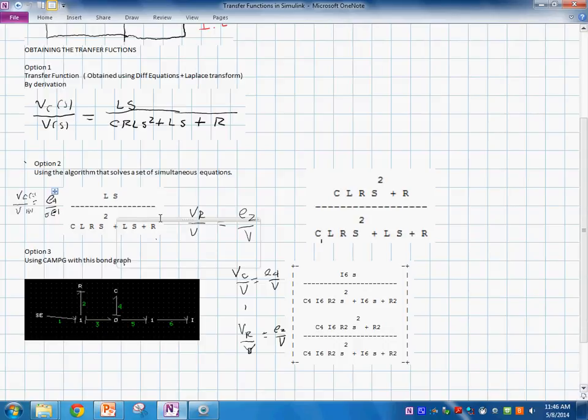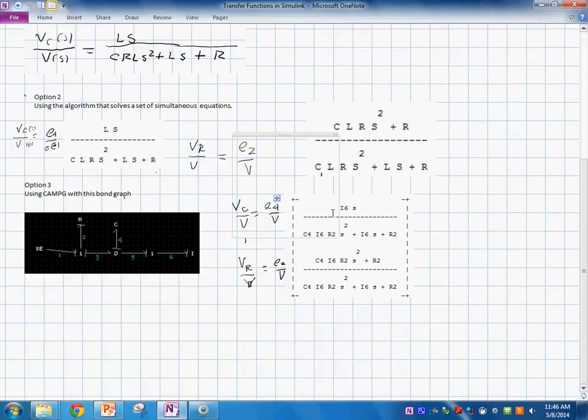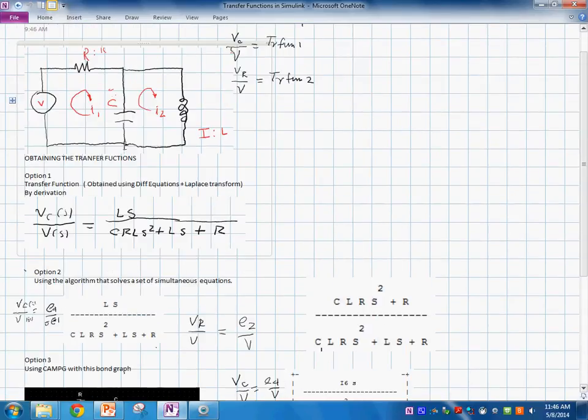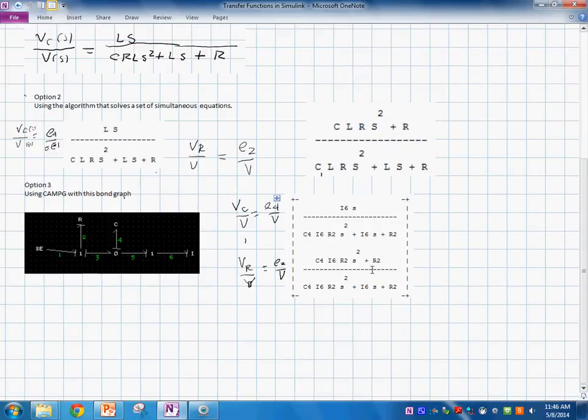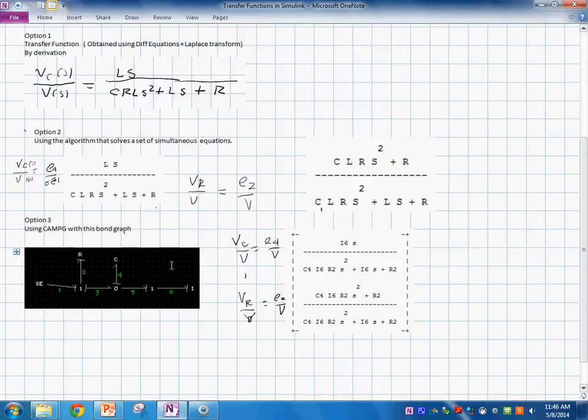If we solve with the simultaneous algorithm, we also find it this way. Or if we do it with the bond graph model of the system, we find the transfer function here, like that.